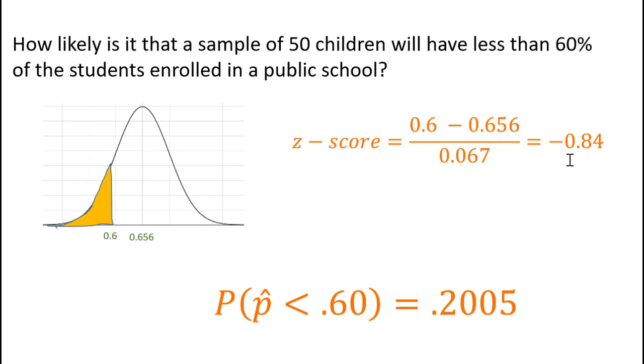Then, using your standard normal table, we find this area. You'll find on your table that this area is equal to 0.2005. So this tells us the probability that that sample proportion is less than 60% is equal to 0.2005. So notice this problem is entirely review from our earlier chapters.